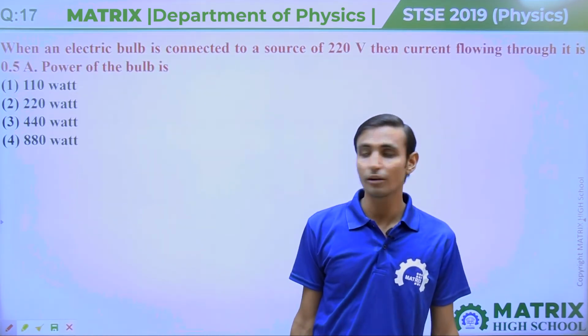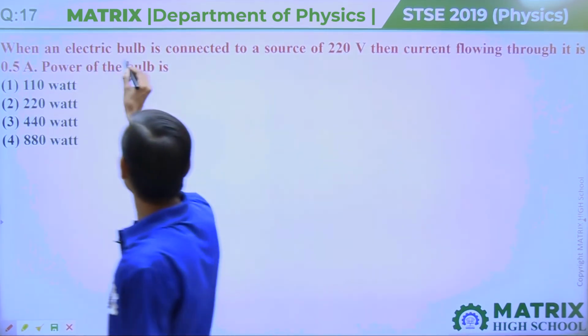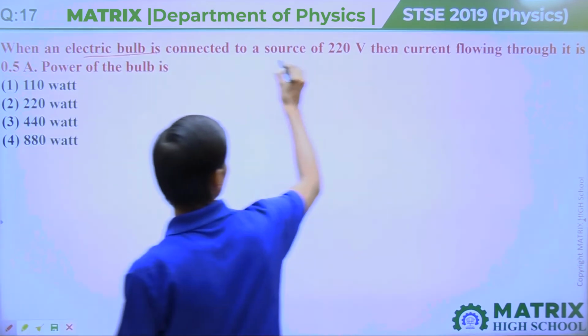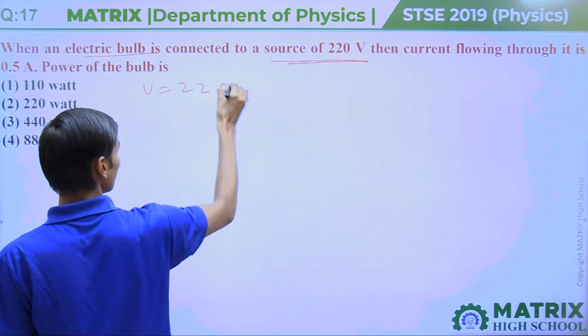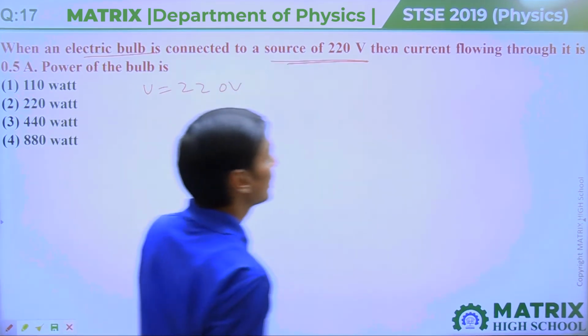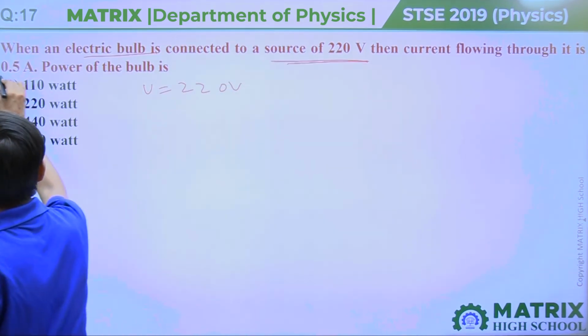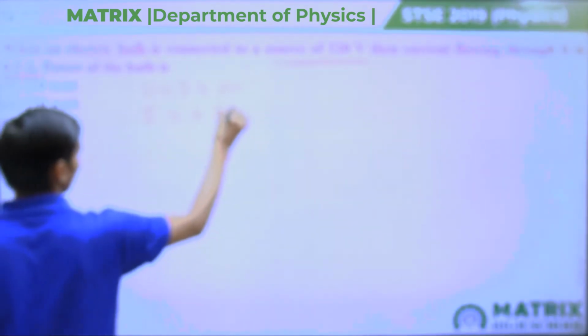Next question number 17. When an electric bulb is connected to a voltage source of 220 volts, so V equal to 220 volt, then current flowing through it is 0.5 ampere.